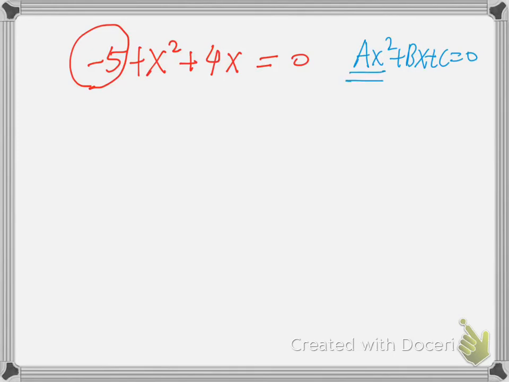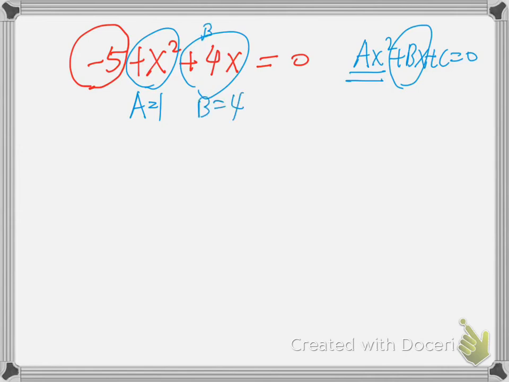So what is A? A is attached to x squared. So it's how many x squared? A is 1. What is B? B is the x part. B is 4. And C is -5. C is the number part.